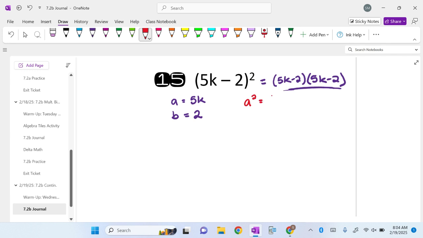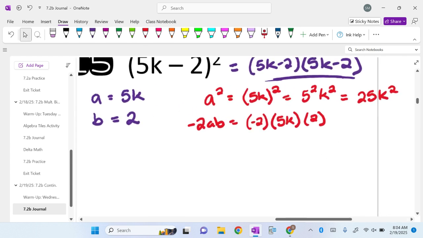So a squared, that would be 5k all squared. So that's the same thing as 5 squared times k squared. So what's 5 squared? 25. So this would be 25k squared. Then we're dealing with negative 2ab. So we're doing negative 2 times 5k times 2. So what's negative 2 times 5k?